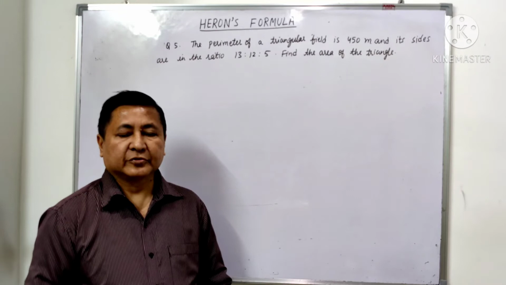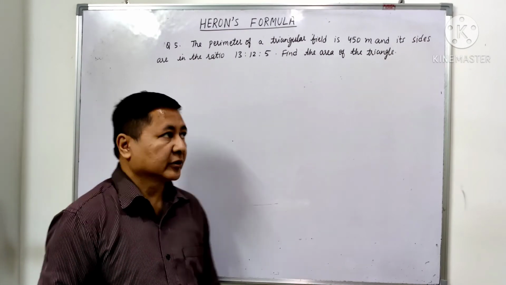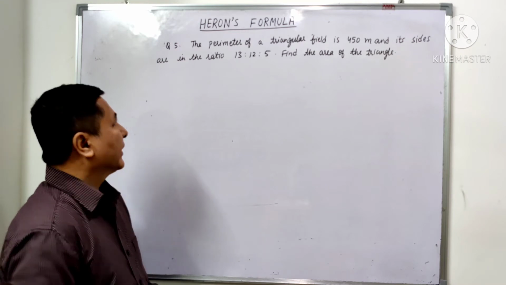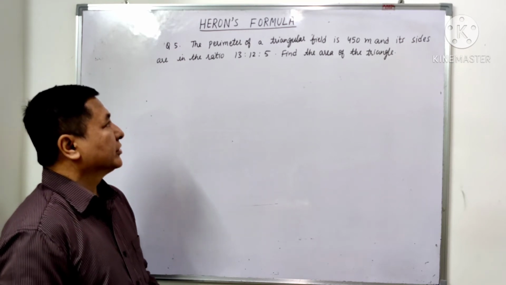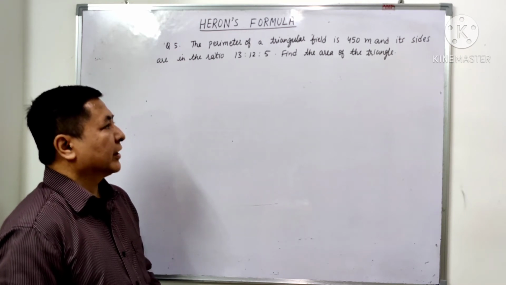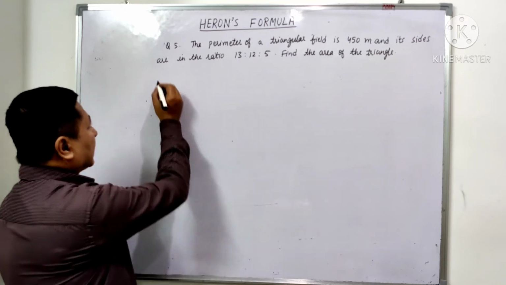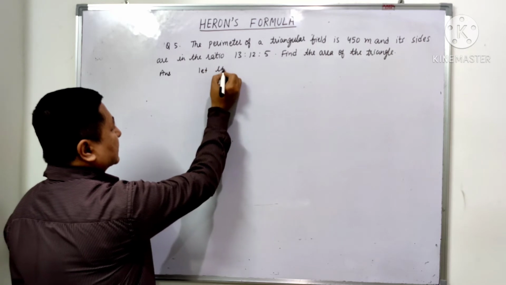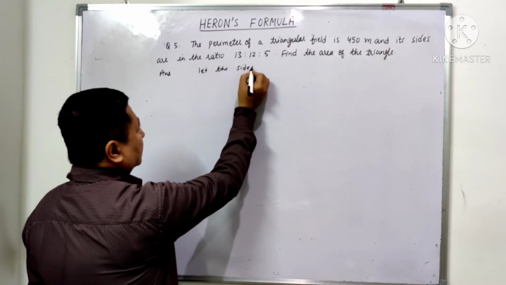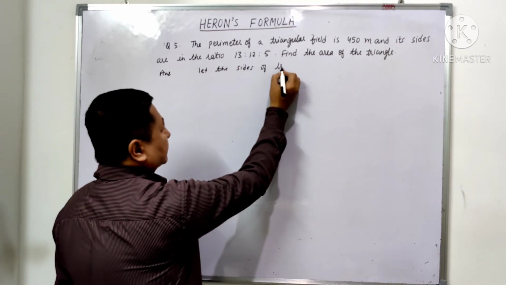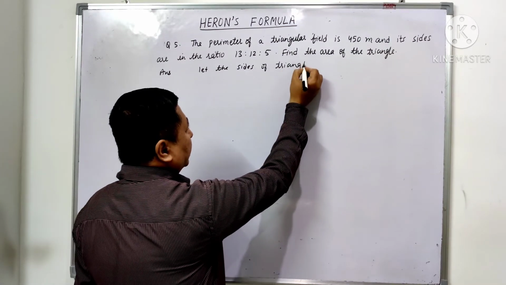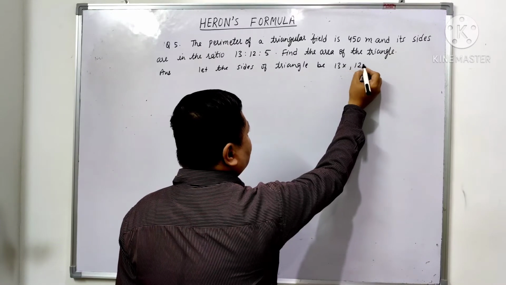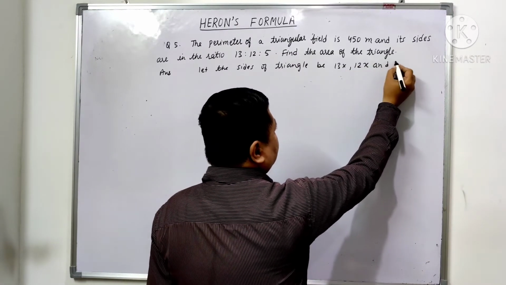Now let us solve the fifth question based on Heron's formula. The perimeter of a triangular field is 450 meter and its sides are in the ratio 13:12:5. Find the area of the triangle. Now we'll say let the sides of the triangle be 13x, 12x and 5x.